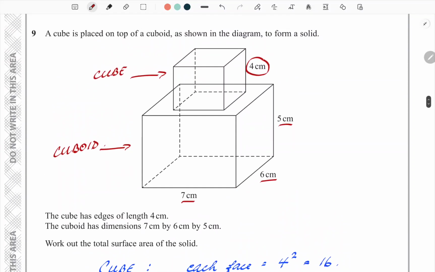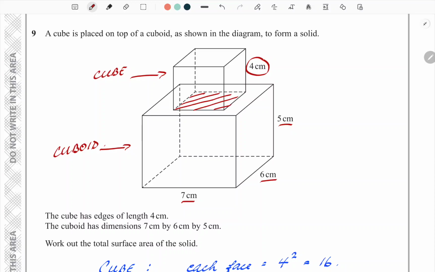Now, here's the trick. The total surface area would be, under normal circumstances, the two shapes done separately. But because they are in contact, this area is effectively not exposed.